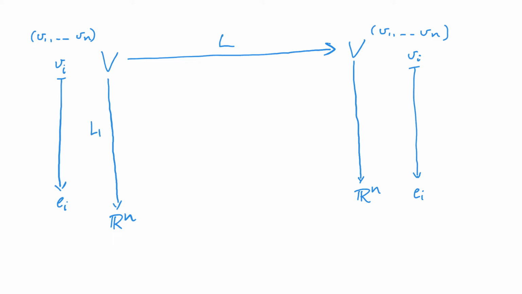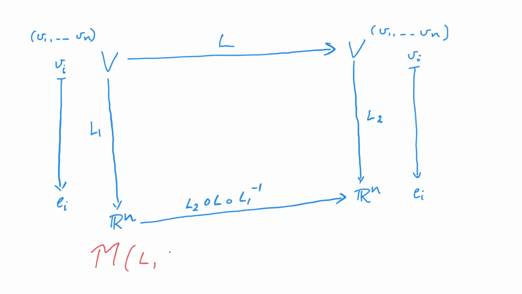Recall that we called this map L1 and this map L2. Given this map, we had a map L2 composed with L composed with L1 inverse, that is from Rn to Rn. And we had defined the matrix of L with respect to the basis v1, v2, v3, up to vn to be equal to the matrix of the linear transformation L2 composed with L composed with L1 inverse.